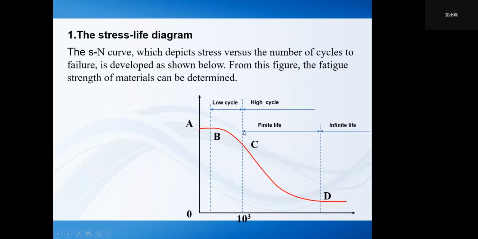From point C to point D, the material will fail for a given number of cycles.